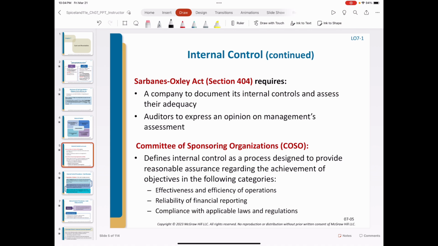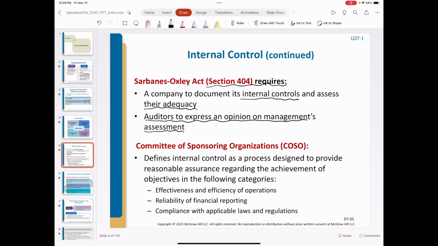After 2002, the passage of the Sarbanes-Oxley Act, especially Section 404, requires public companies to document their internal control and assess their adequacy. Also, in their annual reports, auditors should express an opinion on the management's assertion regarding their internal control.